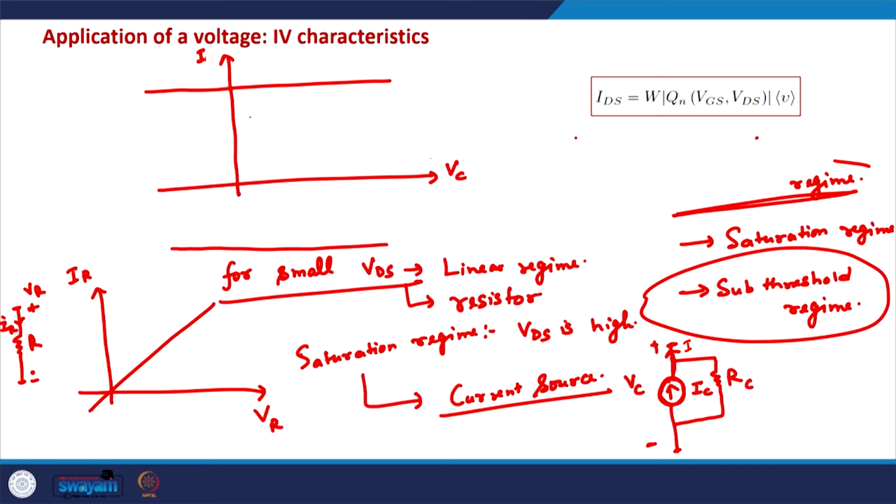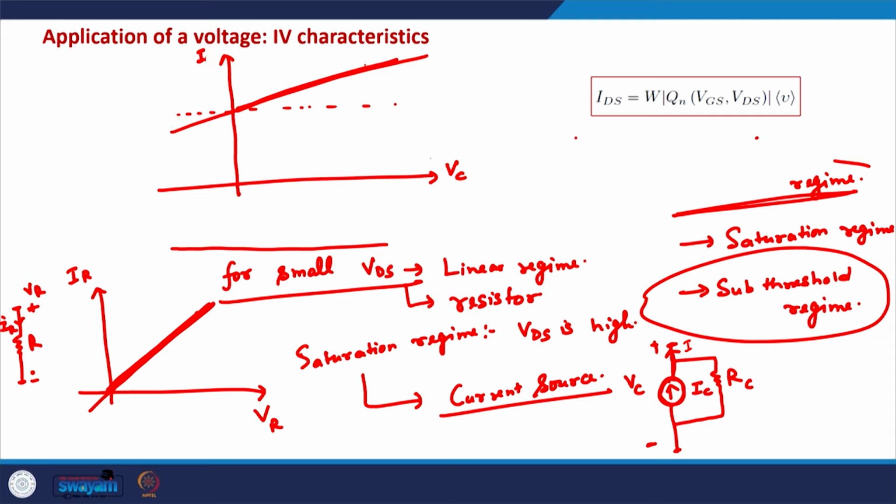But a practical current source will have IV characteristics that look something like this, a slight deviation from the ideal case. So for small VDS, this is how IDS versus VDS looks. This is like a resistor. For larger VDS in the saturation regime, this is how IDS versus VDS looks.